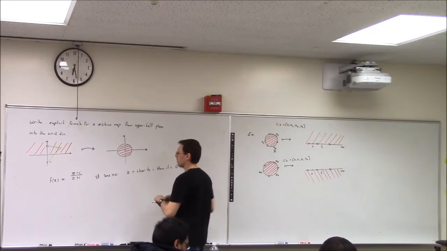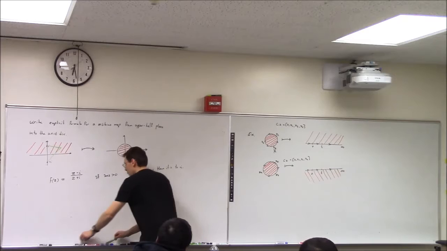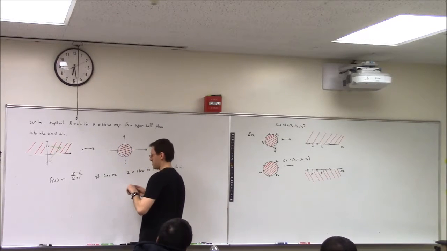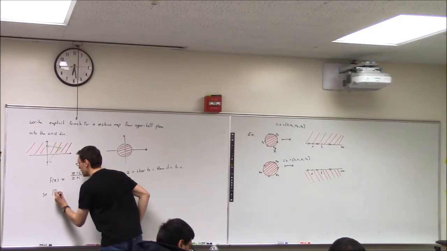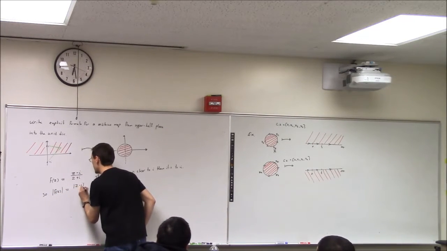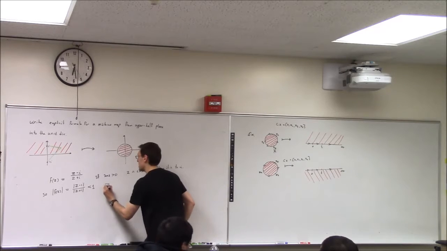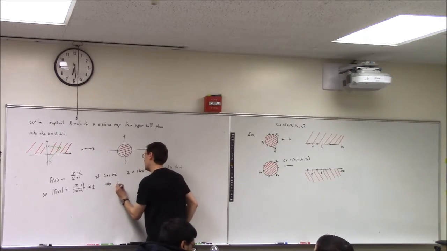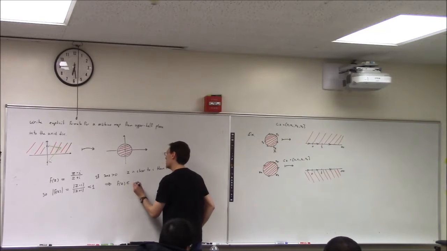So how do I verify that it is inside? The absolute value of f of z, which is the absolute value of z minus I over the absolute value of z plus I, is less than 1, which implies f of z belongs to the unit disk.